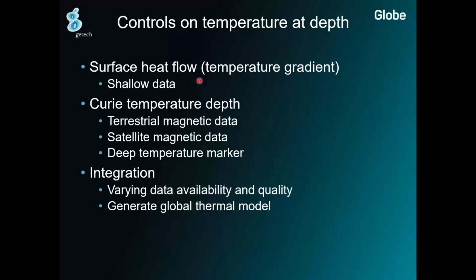And we're going to combine those with some geophysical constraints, particularly the Curie temperature depth. This is something which affects magnetization, so we can measure it with the magnetic field, and it is a rather deeper temperature marker. And then at the end, we need to integrate these because our main data sets are not available everywhere. And from that, we can generate a global thermal model.